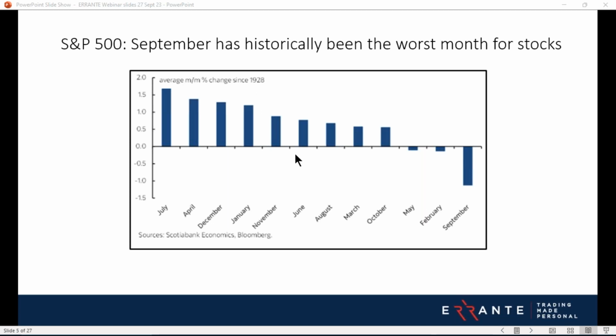This is the average monthly percentage change since 1928, so a pretty good guide. Generally you see a drop of over 1% in September, the worst month of the 12. Only two other months are in negative territory, May and February.